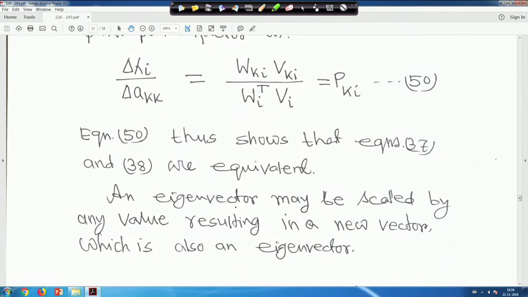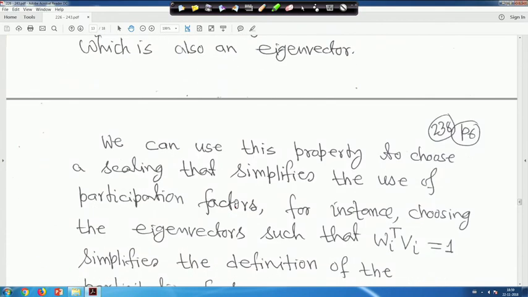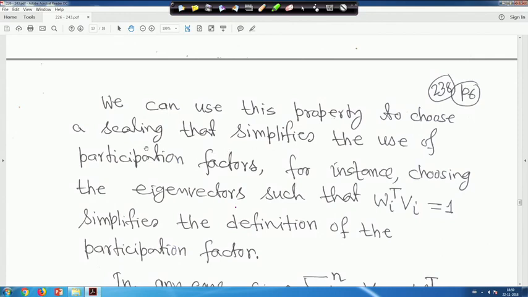Now, an eigenvector may be scaled by any value, resulting in a new vector which is also an eigenvector. So, we can use this property to choose a scaling that simplifies the use of participation factor.